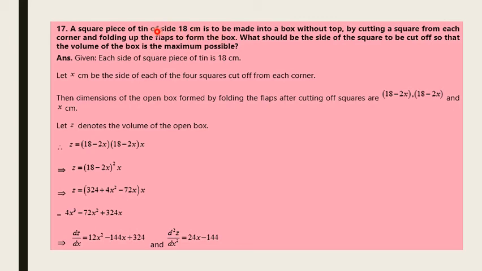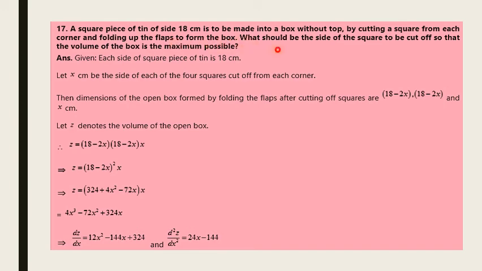Understood the question? There is a square piece of tin. Each side is 18. We want to make it into a box without top. How can the box be made? By cutting a square piece from each corner and folding up the flaps to form the box.